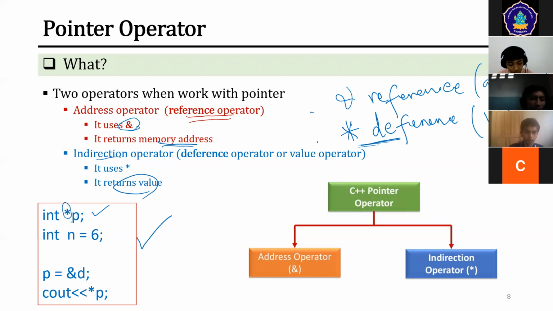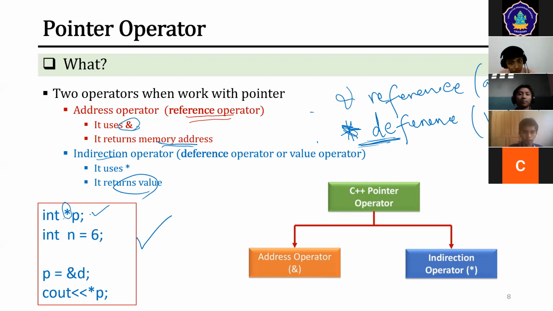Just make a note here: the star here, we need to put a star symbol. But when you use a star like this, it is when you do an operation. We said about the operation earlier, right? An operation means you perform some arithmetic operation, you sum them up together, or you do some other formula, or you display a value.